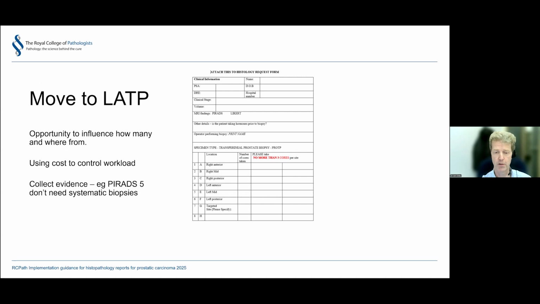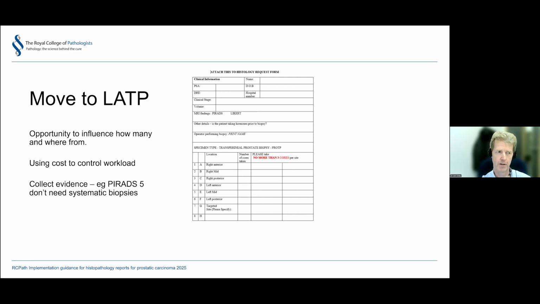From our point of view, it's a great opportunity to feed them back their results and get them to use a standardized requesting form. What you don't want is 3 different operators using 3 different systems and submitting the cores in 3 different orders. It's causing chaos. Because they go through a centralized training program, that's a process where you can get them to do the same thing all the way through.